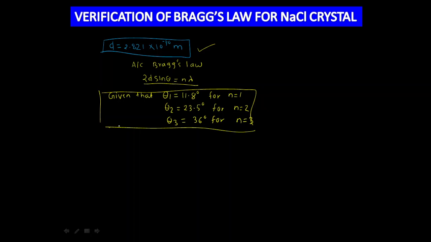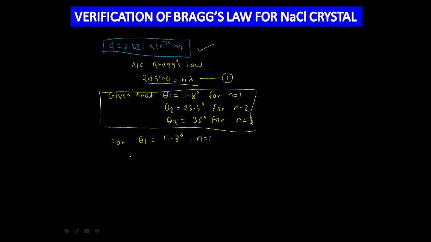Okay, so first of all, consider theta 1 equal to 11.8 degree and n equal to 1. Suppose this is equation number 1.